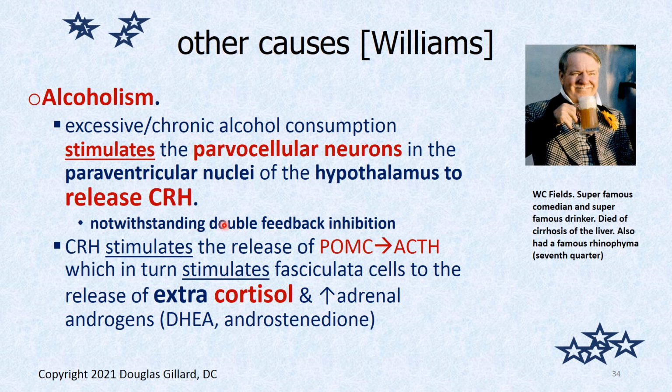Normally if you over-secrete CRH, you'll over-secrete ACTH, and that causes the adrenal gland to over-secrete cortisol, and the cortisol will shut this mechanism down, but the alcohol overpowers it, and it just makes these parvocellular neurons super sensitive and irritates them to the point they do their thing. They over-secrete CRH, and the negative feedback system can't shut it down.